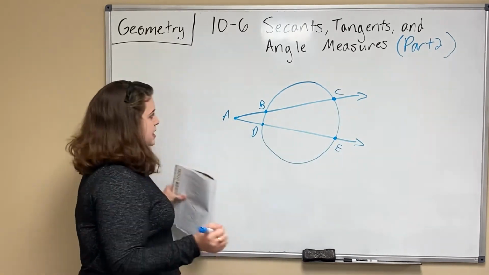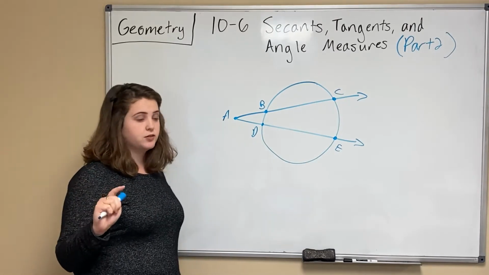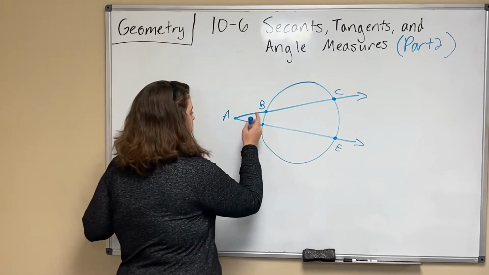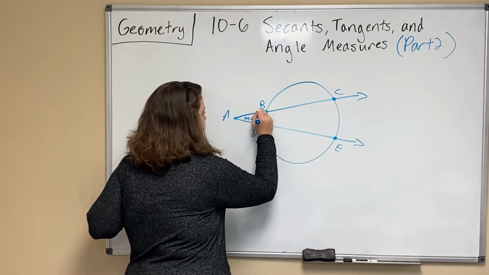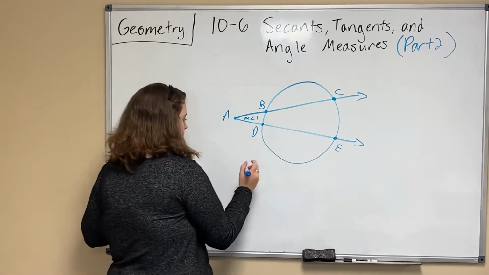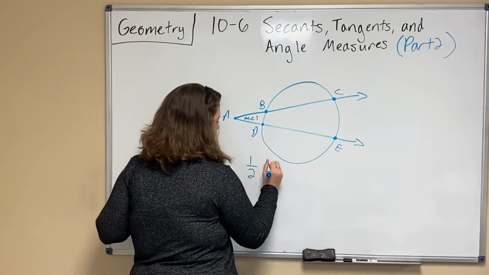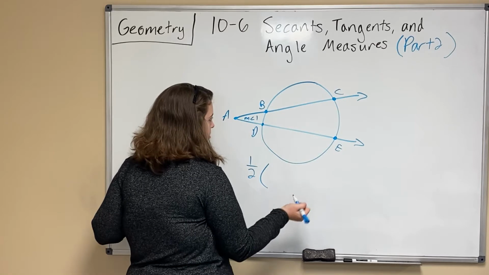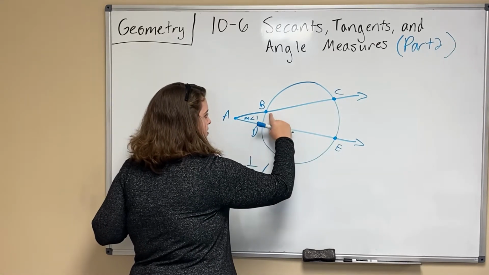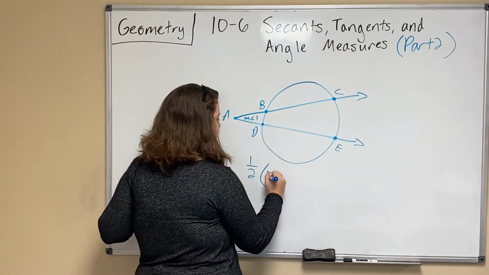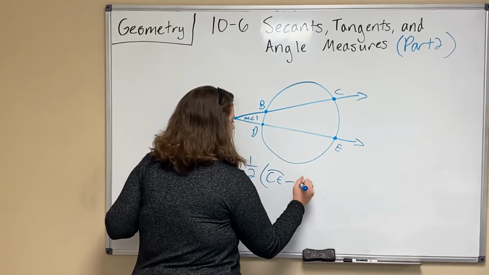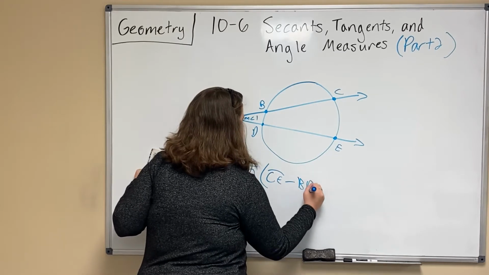Okay, now what we know, looking at this, is that this angle right here is going to equal 1/2 times the big intersected arc minus the little intersected arc. So CE minus BD.